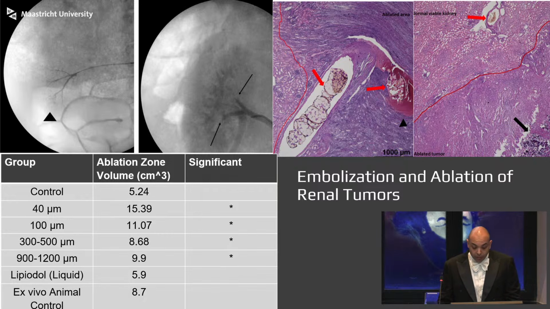From here, we see that when you go to the periphery, we are able to increase the size of the ablation zone, but it's not as large of an increase as when we do a more complete ablation. We also see residual hemorrhage, versus when we treat with our very small distal particles, where we see a larger zone in the kidney and no additional hemorrhage.